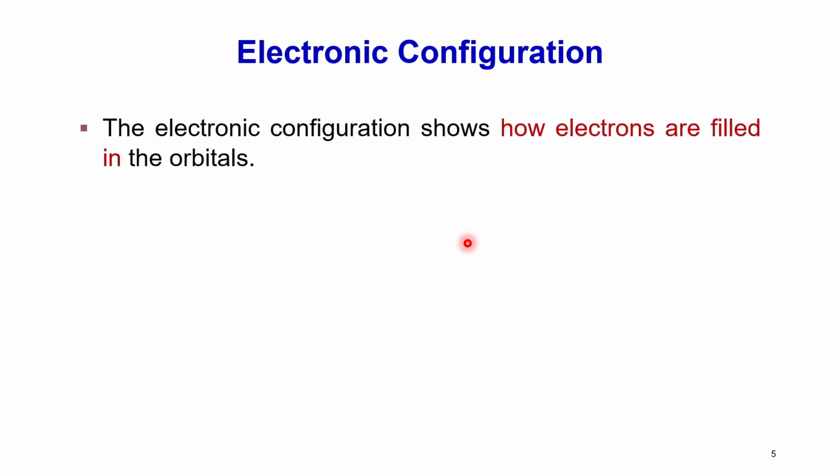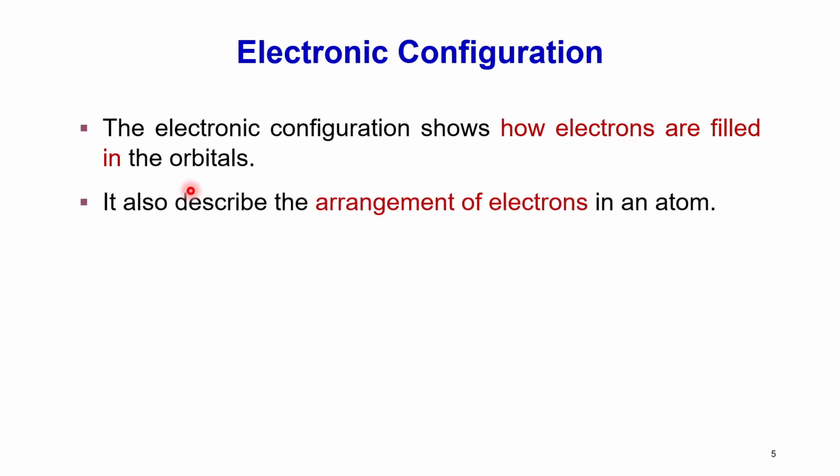So we start with the introduction. What is actually electronic configuration? This configuration shows the arrangement of how the electrons fill in the orbitals of the atom.